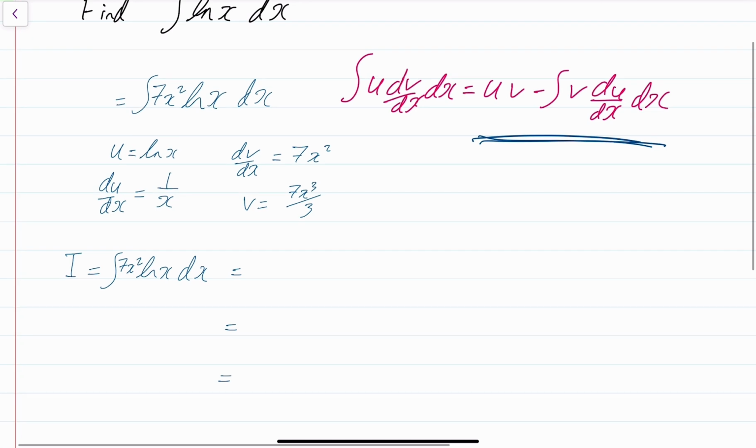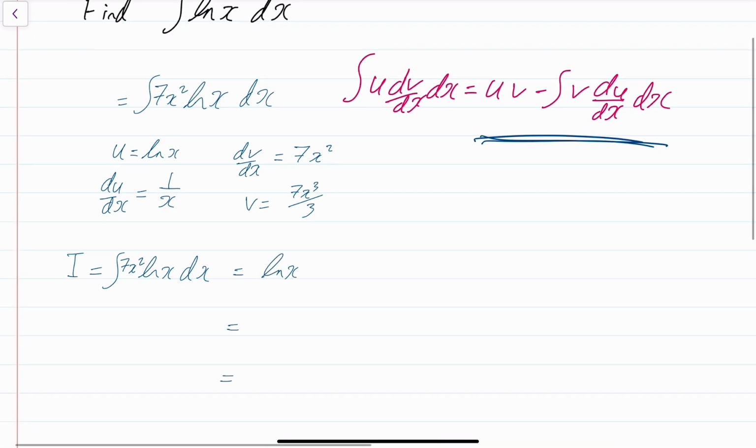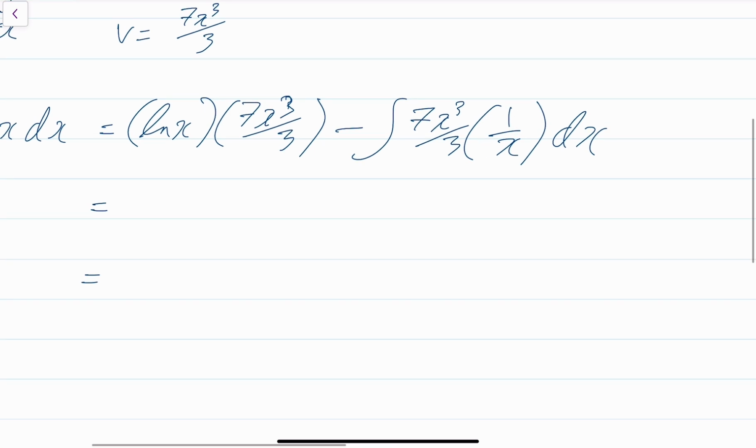So let's see the formula, it's uv, so that's going to be ln of x, that's my u, times my v, which is 7x cubed over 3, then minus the integral of my v, which is 7x cubed over 3, times my du by dx, which is 1 over x. We'll zoom in on that so we can actually see it. And then this left-hand bit has already been integrated, so it's fine. We'll leave it as it is. Just switch the order around, make it look a wee bit prettier.